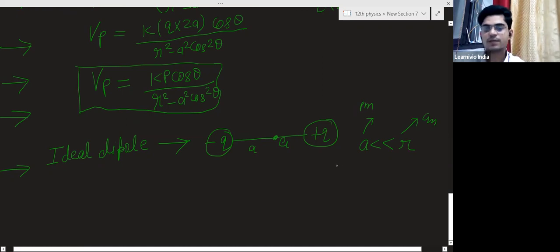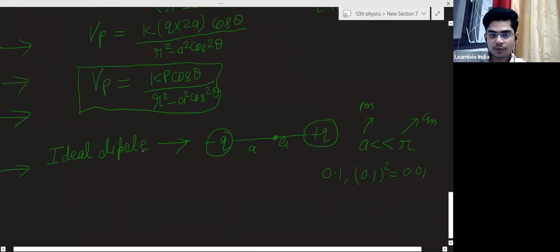If we square a small term, it will become even smaller. Like 0.1 is small, so if I square it, this will be 0.01. So it will become even smaller.